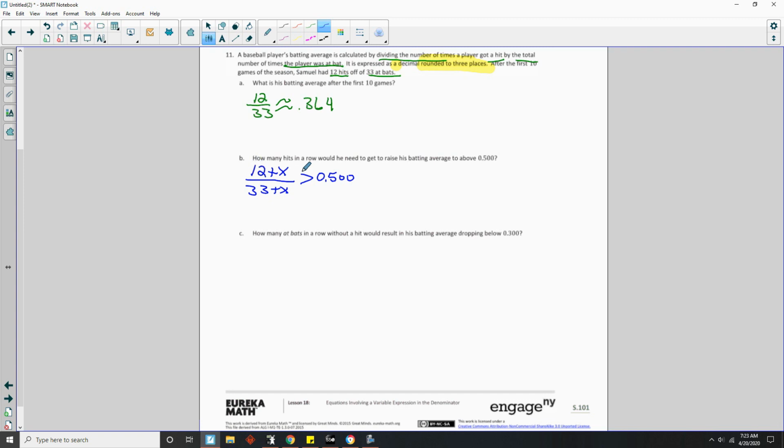So in order to do this, we're going to set it up with equals. 12 plus x over 33 plus x equals 1/2, because that's 0.5. Cross multiply, and I get 33 plus x equals 12 times 2, 24 plus 2x. Subtract x from both sides, and I get 33 equals 24 plus x.